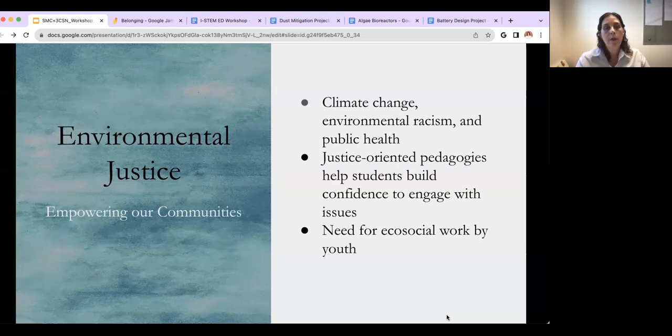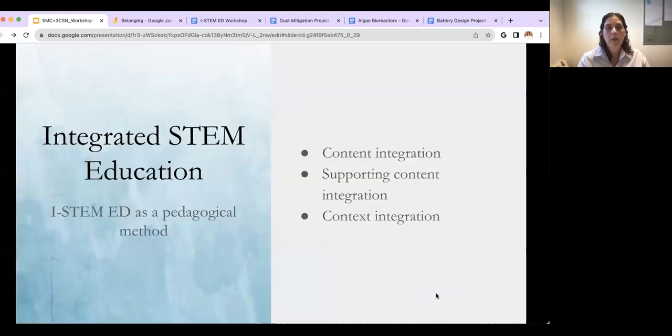And so with that, I'd like to think about how that relates to integrated STEM. So there's a few different categories. When I'm talking about integrated STEM education, oftentimes we throw around this word STEM, and we don't necessarily think about it too much and unpack it.